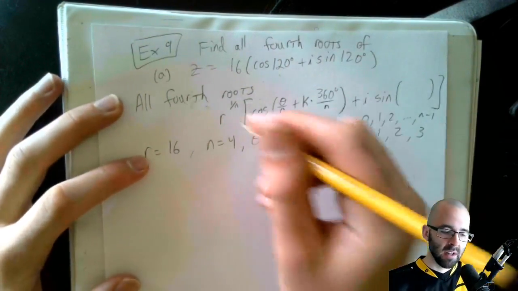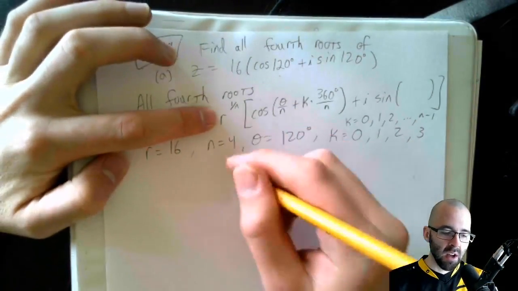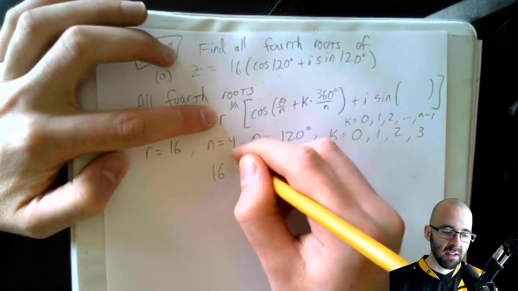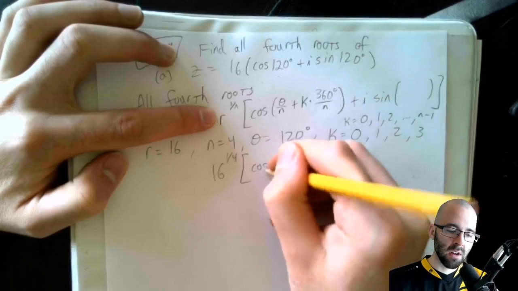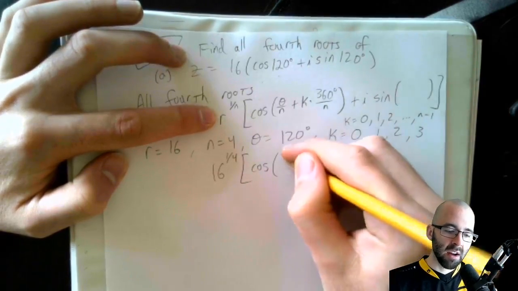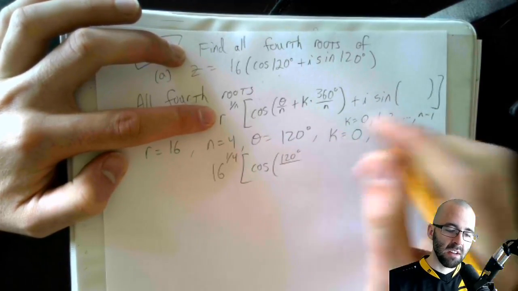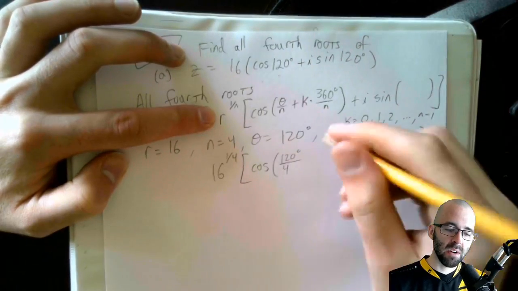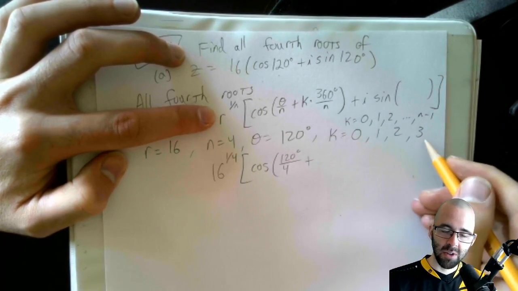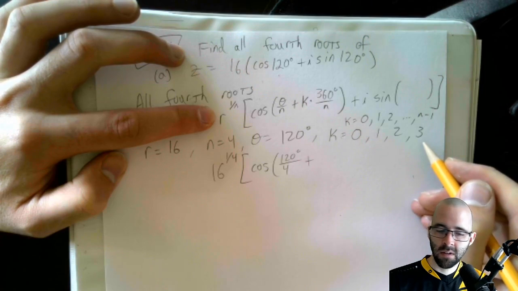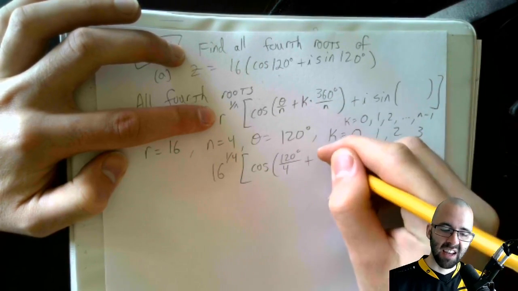So let's just plug everything in. r is 16. n is 4. Cosine of theta, 120 degrees, divided by n, which is 4, plus k. k is 0, 1, 2, and 3. Let's keep k as k for now.